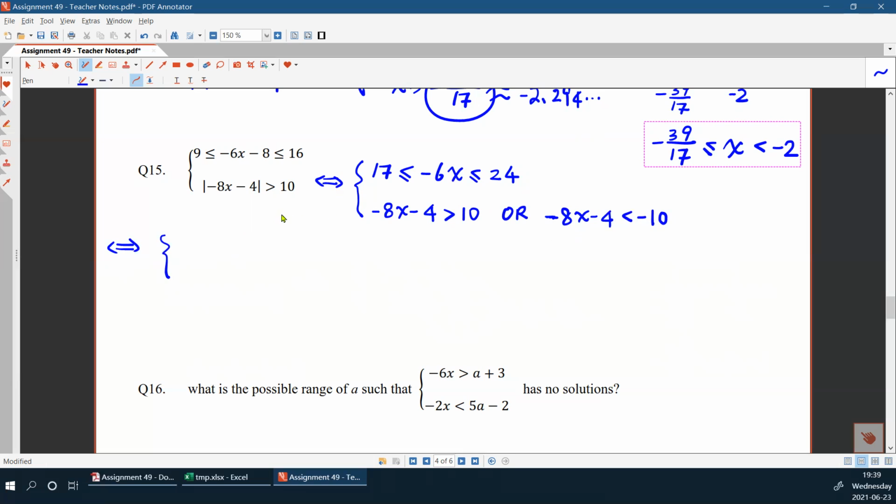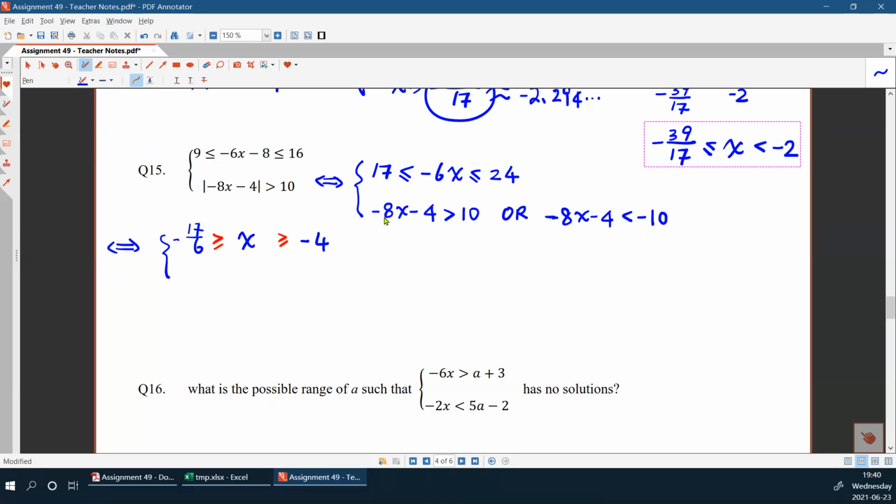Okay, so this is equivalent to the first inequality. We can divide both sides by -6. -6 is negative, so we need to change the direction of the inequality symbol. And this is equivalent to -17/6 larger than or equal to x, larger than or equal to 24 over -6, which is -4, right?